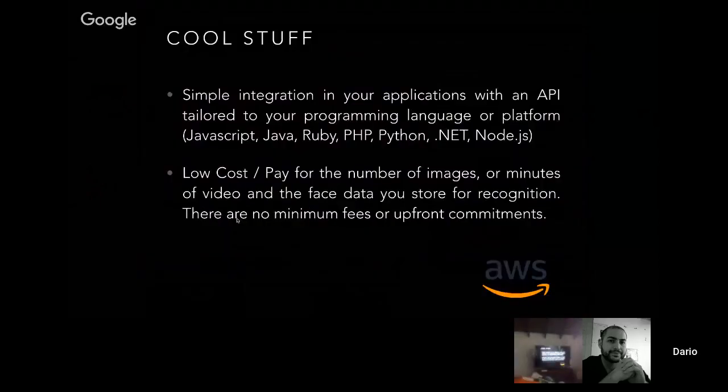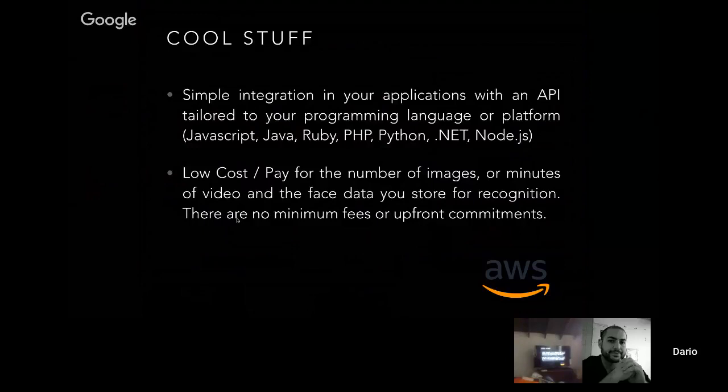Okay, some cool stuff that we have about Amazon Rekognition is the simple integration in your applications with Amazon's APIs, which are tailored to your programming language or platform. There are APIs for JavaScript, Java, Ruby, Python, Node.js, among others.